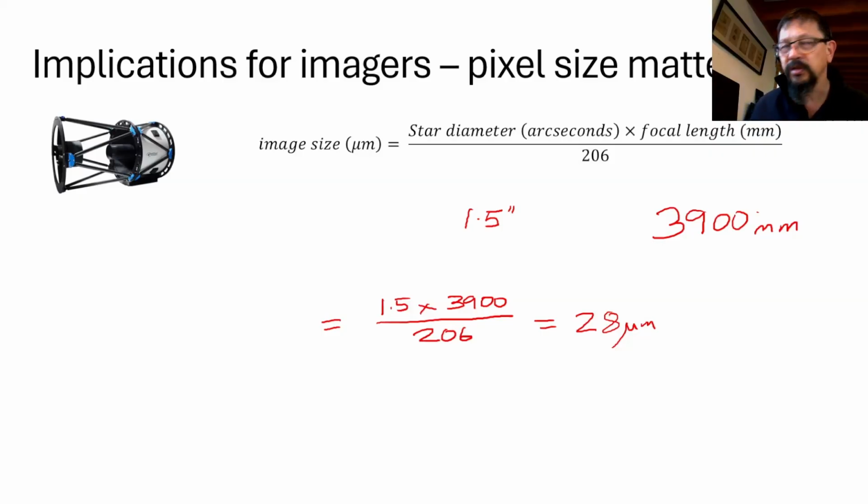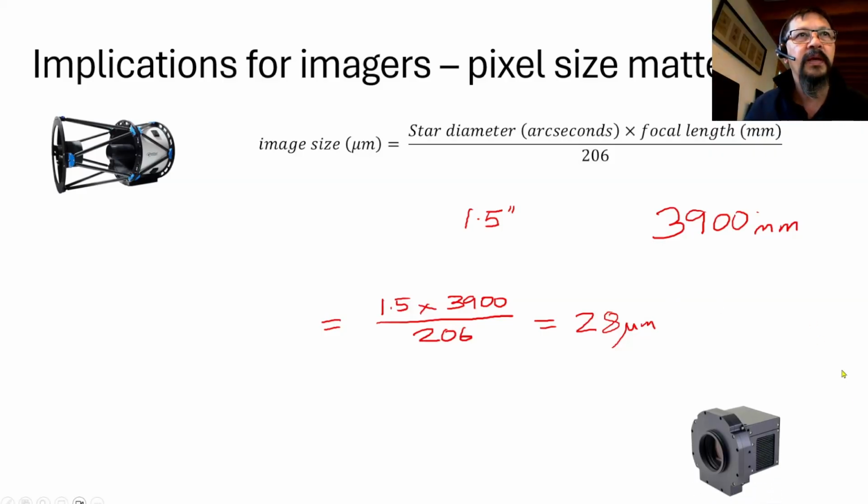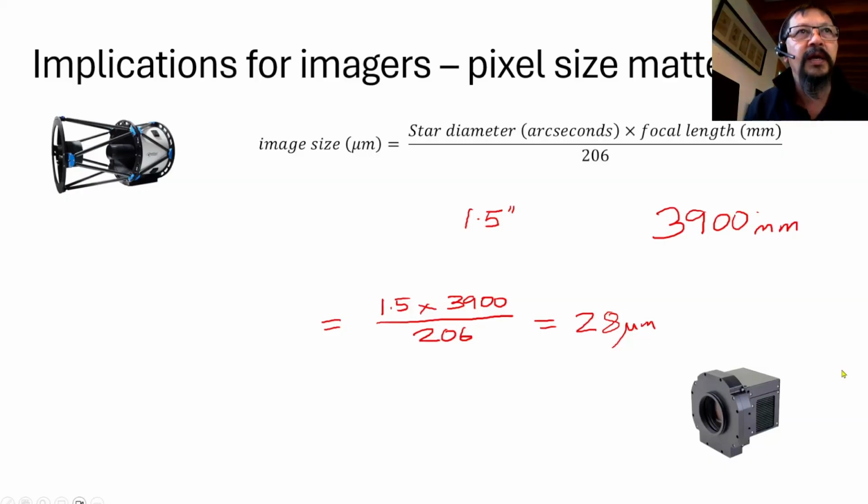Instead, I would probably choose something like this. This one's a FLI Kepler 4040. It's an expensive imager. It's about 20 times the cost of my little ASI, but it has 9 micrometer pixels.